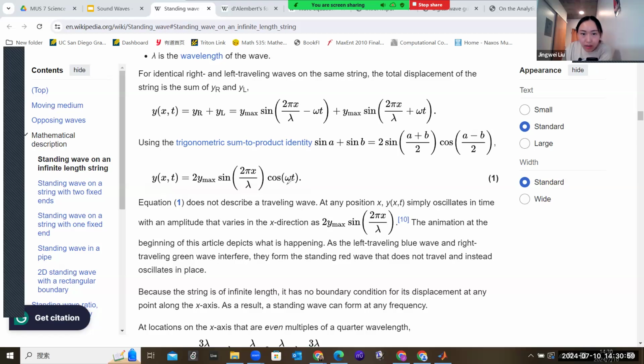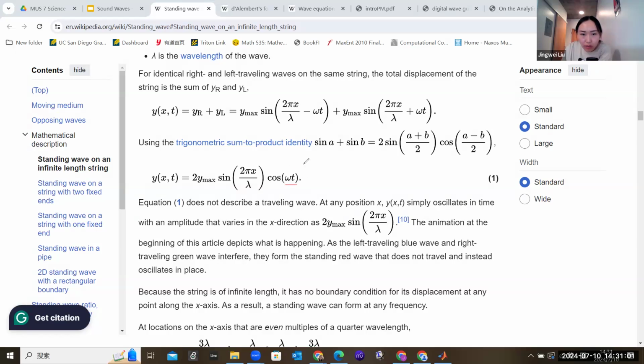This cosine of omega t is a function of time, and this sine term is a function of x, the position. We know for a standing wave like this, the nodes are here, at this position. No matter how the time changes, this position will be fixed forever. This position will be zero forever, which means for these positions, the sine term equals 0.